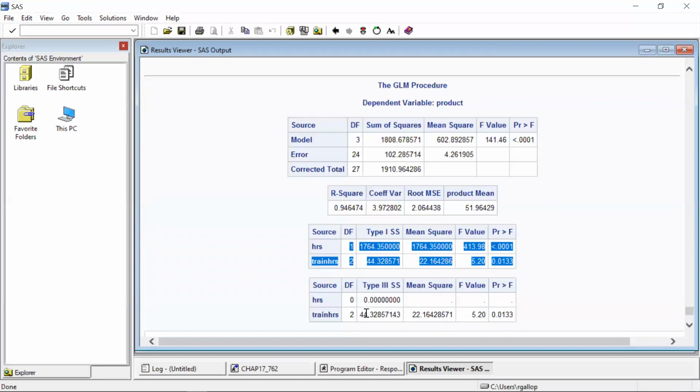And when we have categorical hours and hours, the type 3 sums of squares mess up, because linear hours is inside categorical hours.